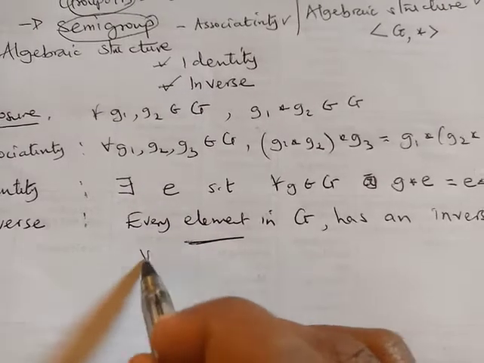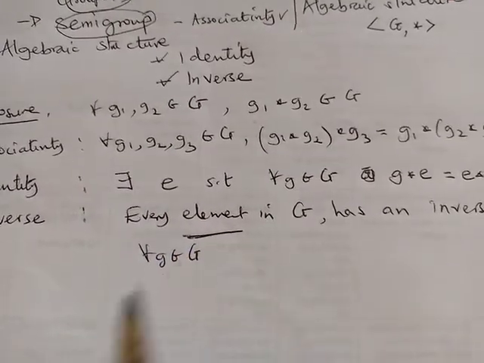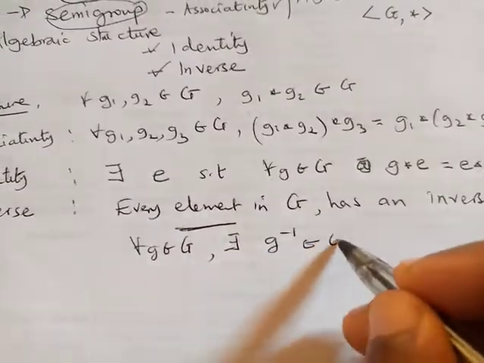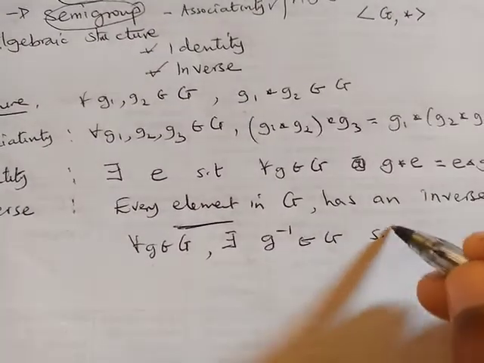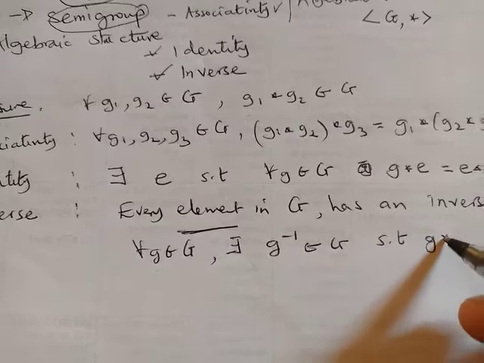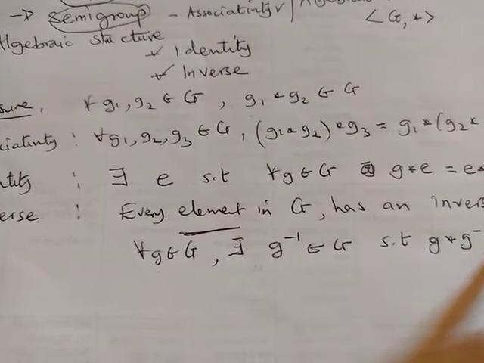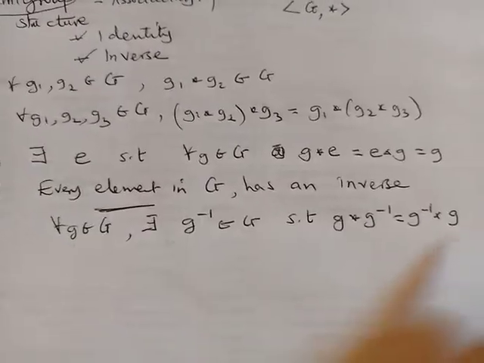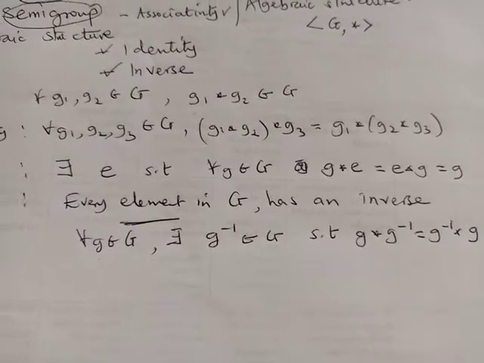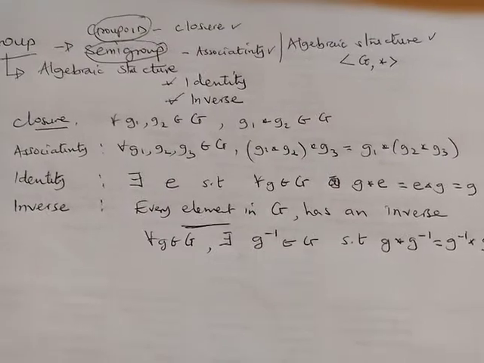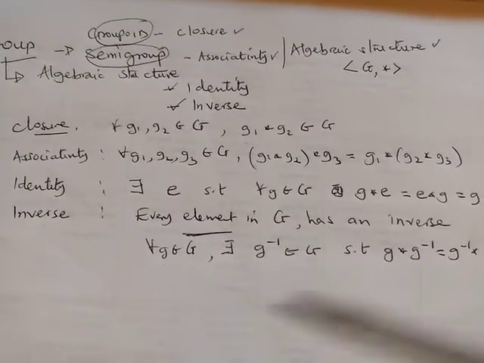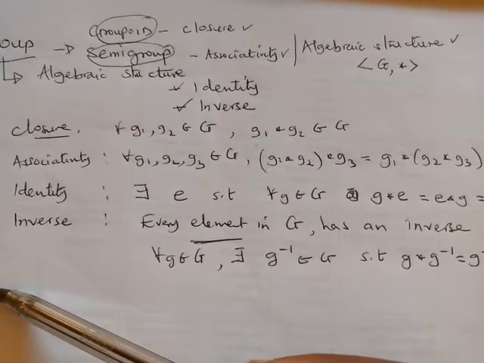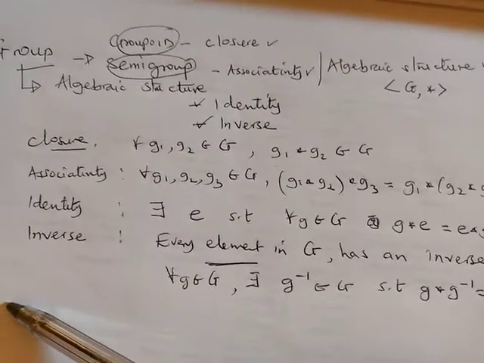So that for all g in G, there exists an inverse of g in G, such that whichever way you do the operation, you'll get the identity. So if you find an algebraic structure which owns all these four properties or axioms, then we say that is a group.